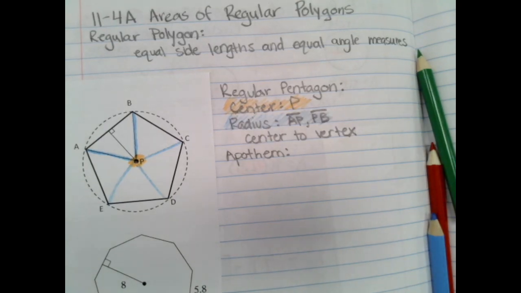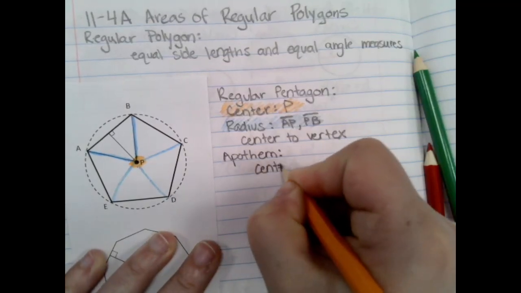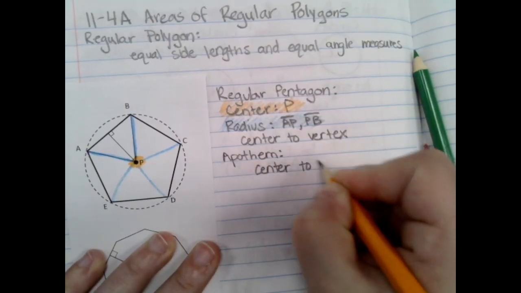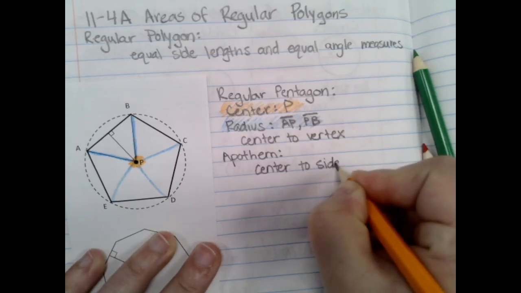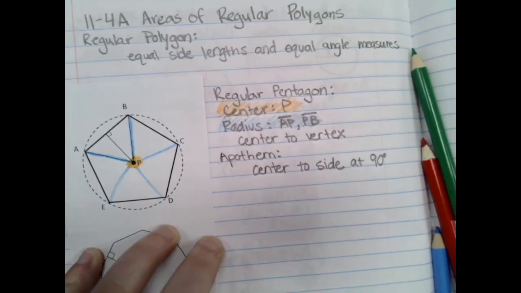It's a really weird word. All right, apothem. An apothem goes from center to the side, and it hits it at 90 degrees. So center to side at 90 degrees.